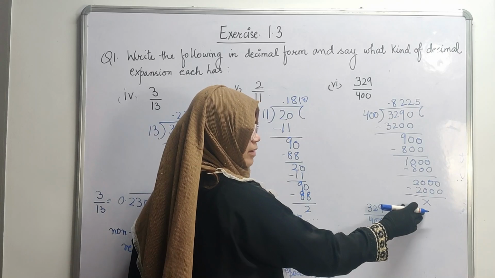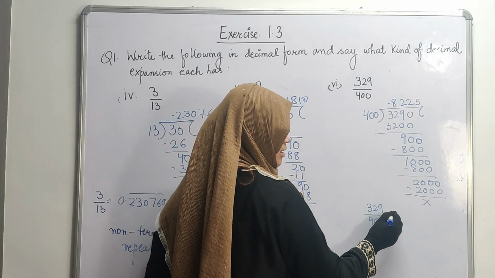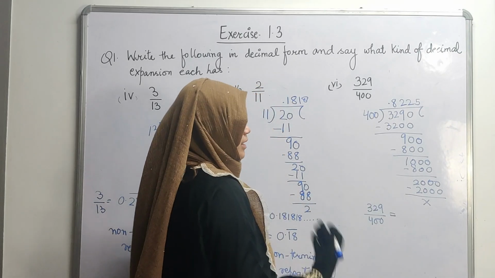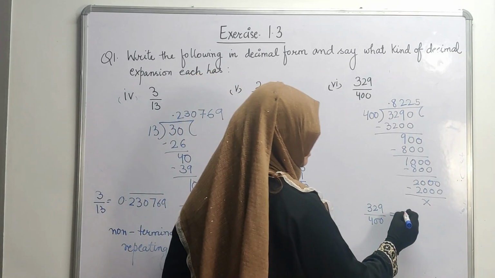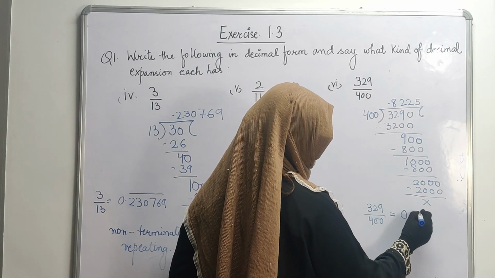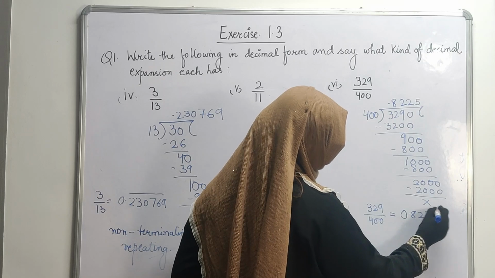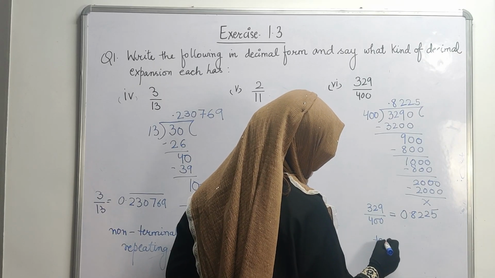As you can see, the remainder is 0 here. It means the number should terminate and the decimal expansion is terminating.